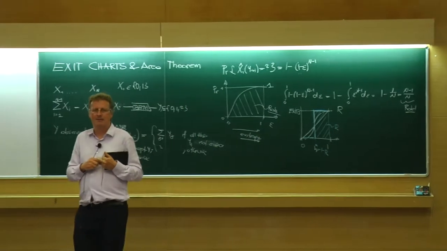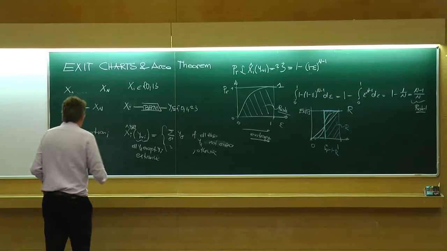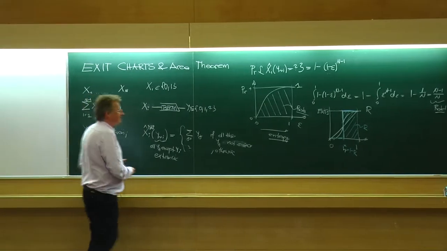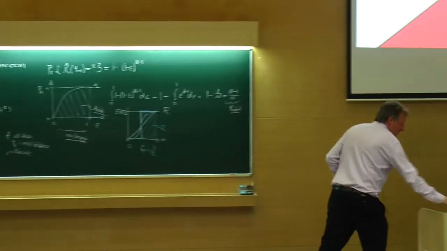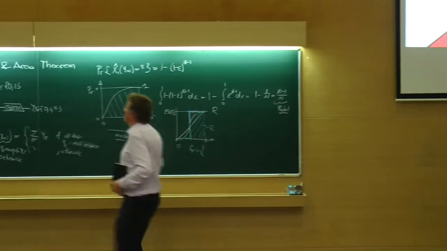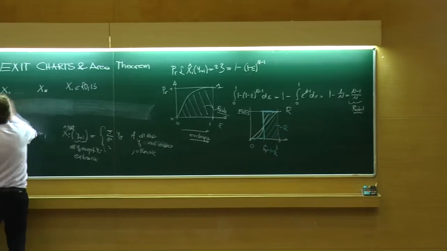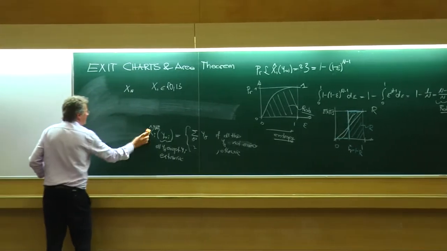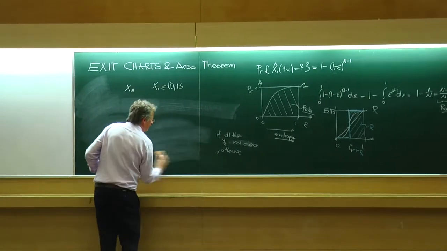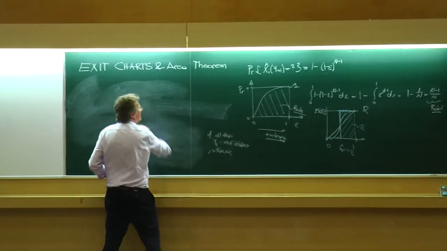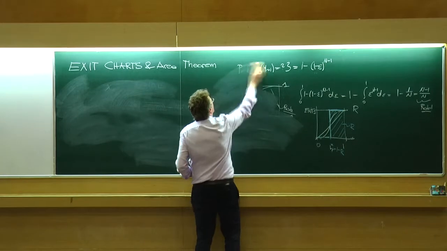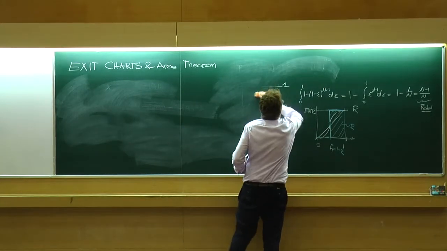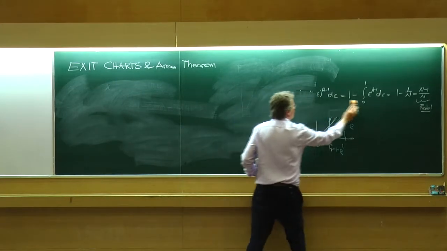Make sense? Okay, now let's check. If we want this property, the easy way to get it is to build it into the function itself. For the BEC, it is very easy to see how to do it.